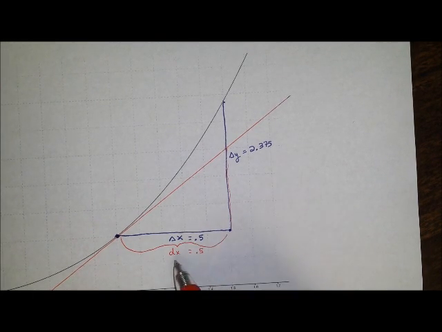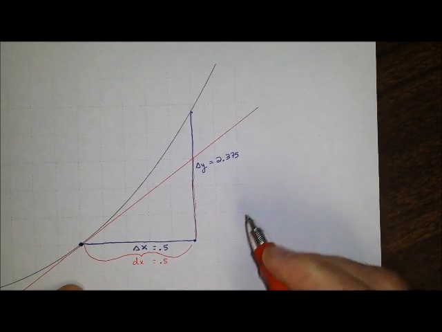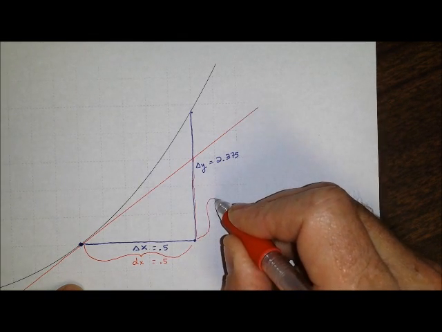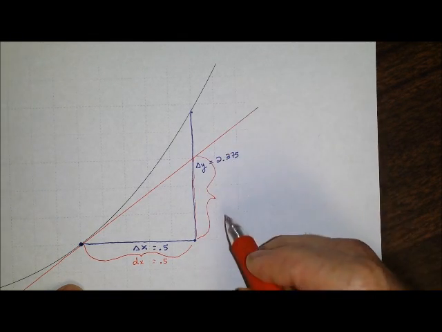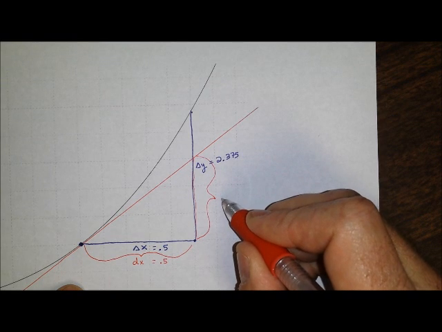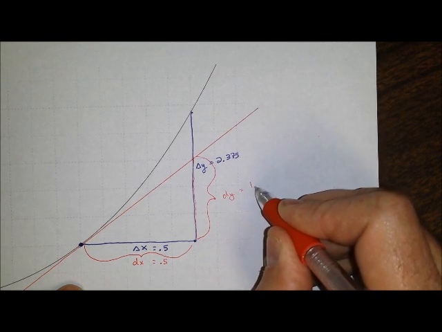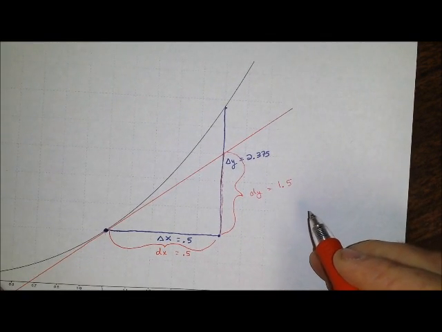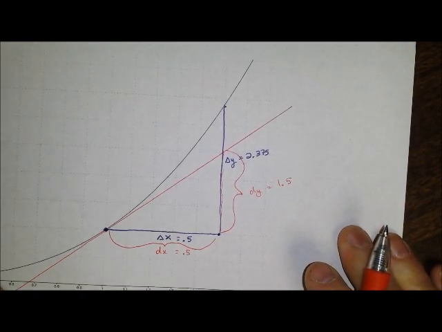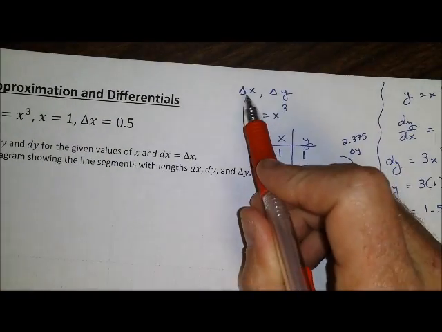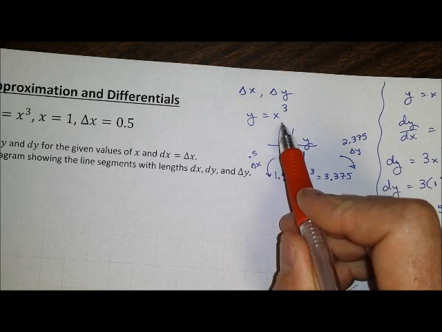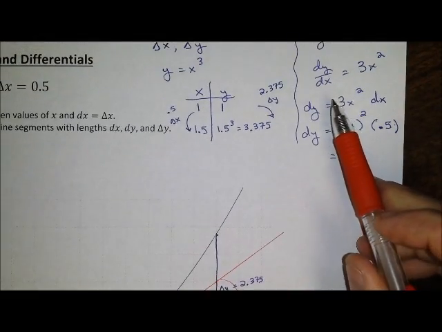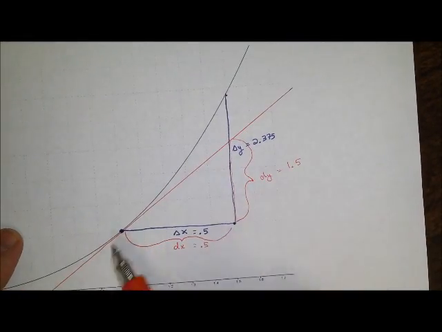So when this dx is 0.5, what is dy? We computed dy to be 1.5. And so that would be the comparison of delta x and delta y, which is on the function, and then dy and dx, which is on the tangent line.